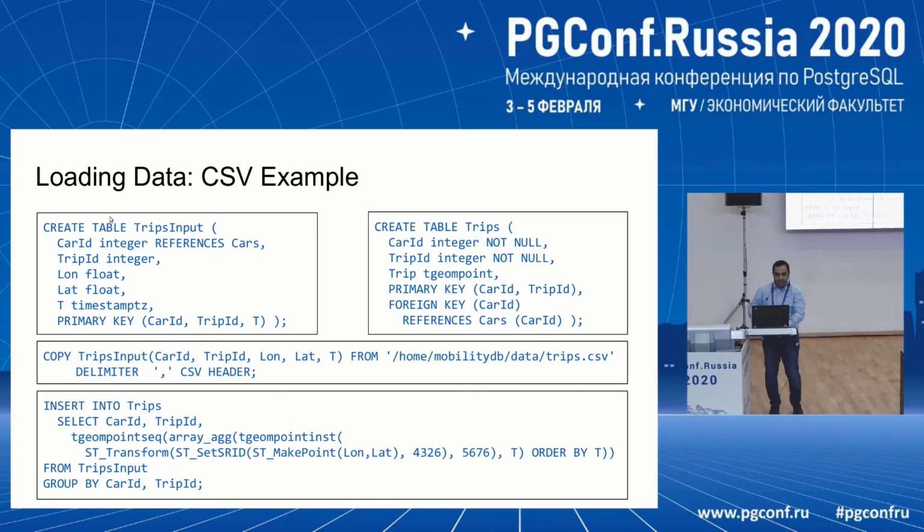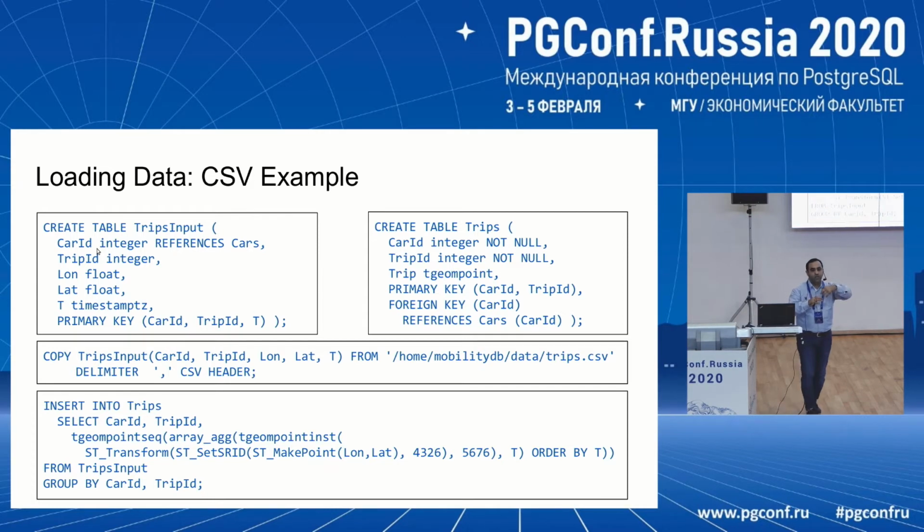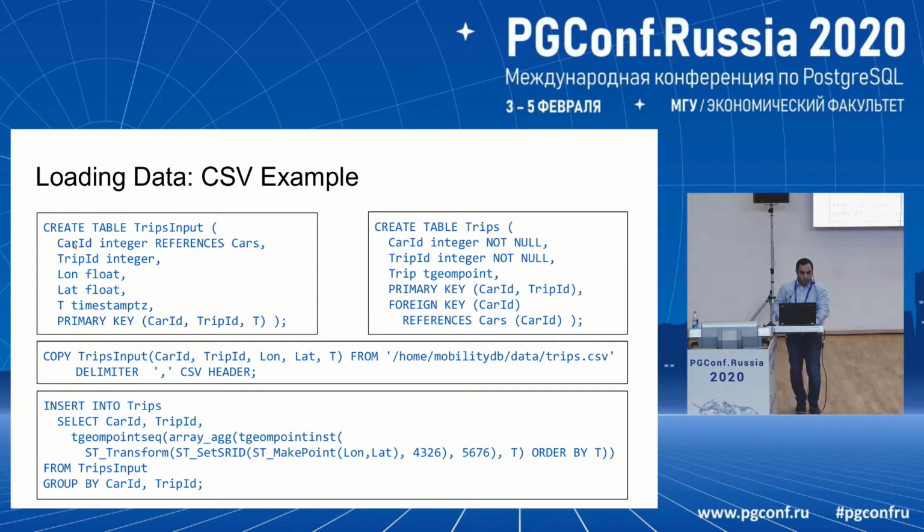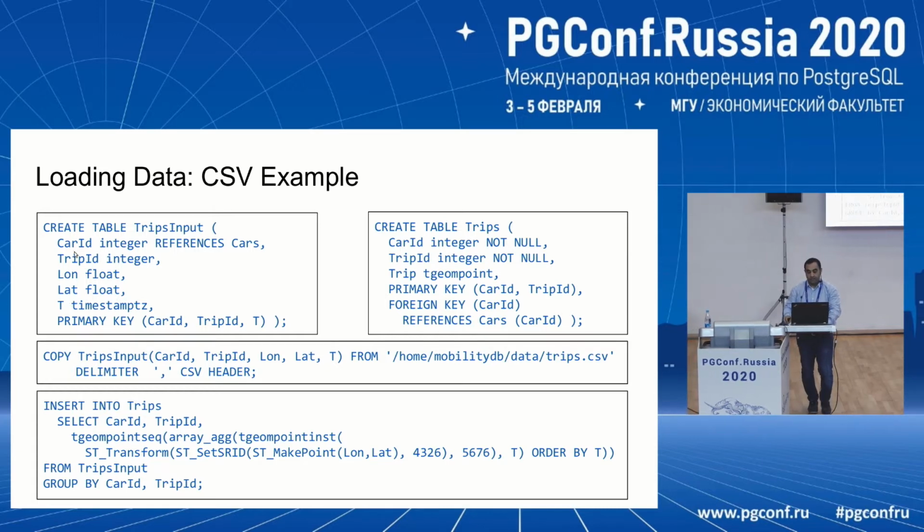This is a flat table where you can load a GPS track coming from your GPS device, where you have a longitude, latitude, a timestamp, and some identifier for the trip. On the other side, you have this table, trips, that contains this tgeompoint. This is a MobilityDB type to represent a trajectory, and the identifier of the trip.